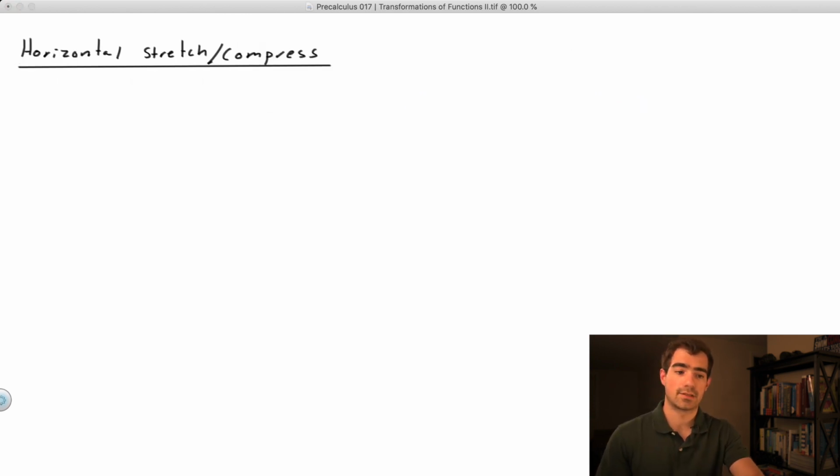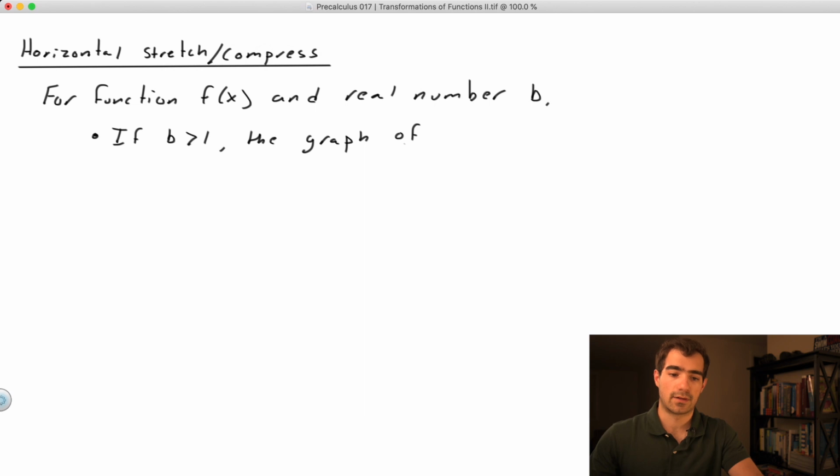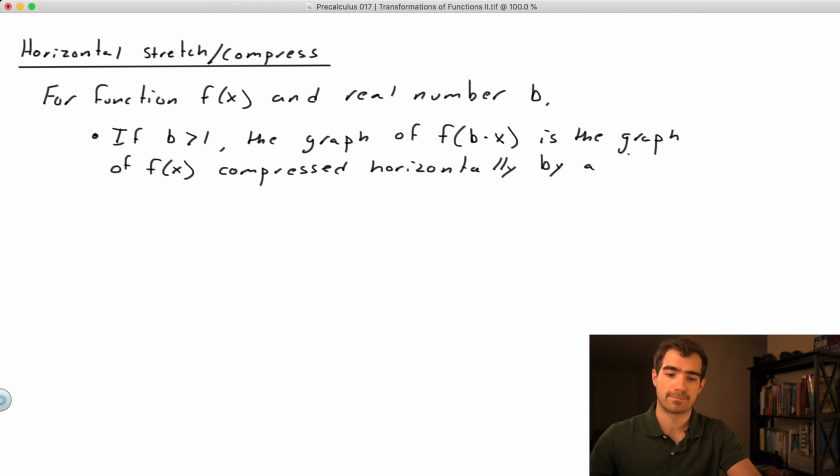And finally, we can take a look at a horizontal stretch or compression. And so for function f and real number b, if b is greater than 1, the graph of f of b times x, right here we're putting it inside the function rather than outside like we did with the vertical stretch, is the graph of f of x compressed horizontally by a factor of b.